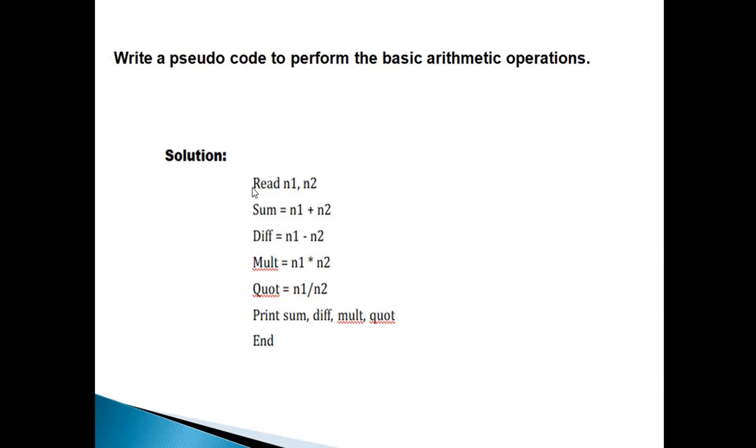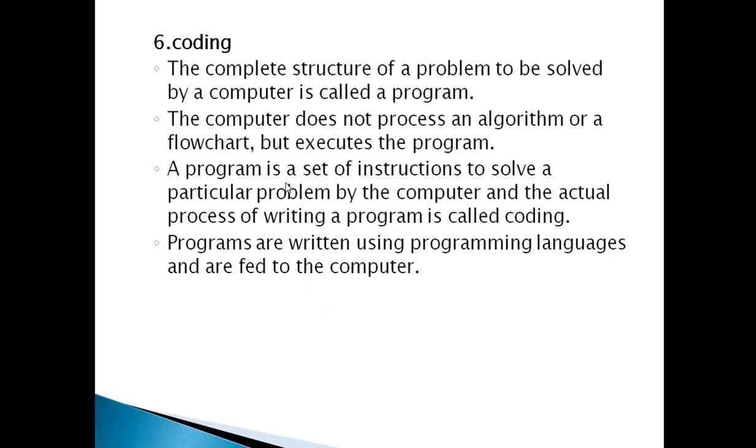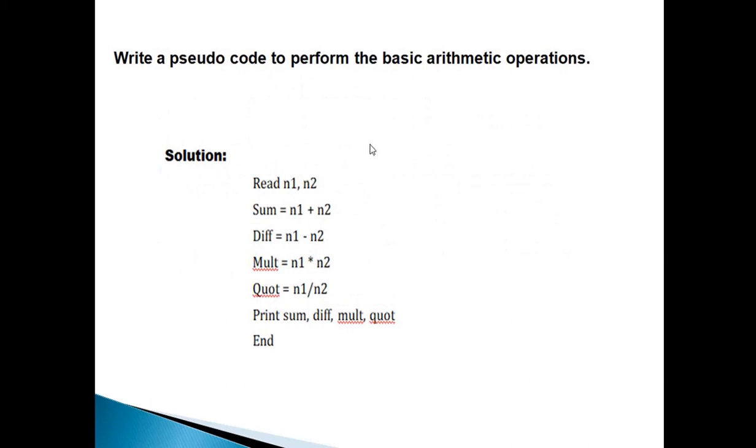These are English-like statements. Here we have written: read n1, n2. These are two numbers. n1 is one number and n2 is another number. On these n1 and n2 we are going to perform the arithmetic operations. Here sum is n1 plus n2.